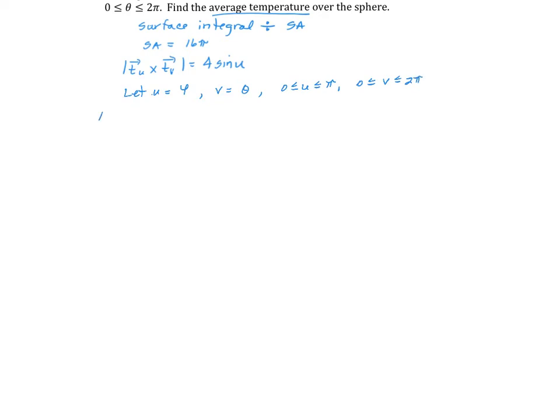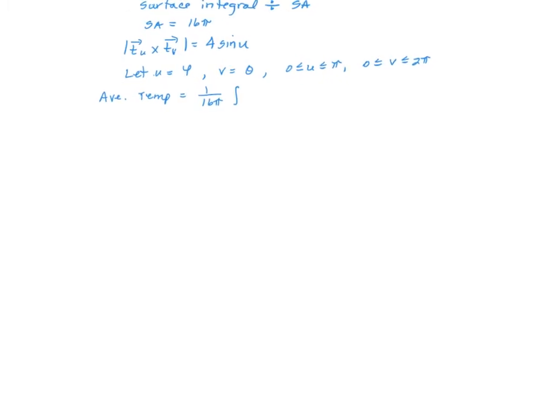My average temperature is going to be equal to, I have to divide by the surface area, so that's multiplying by 1 over 16 pi. My region, and here it doesn't matter if you do uv or vu, I'll just do the usual 0 to 2 pi on the outside. So that's v, and then u would be 0 to pi.